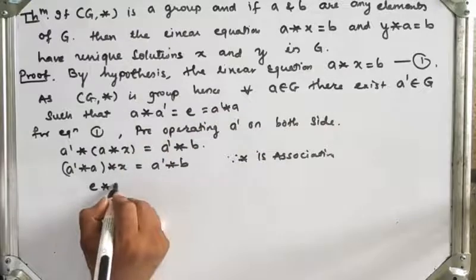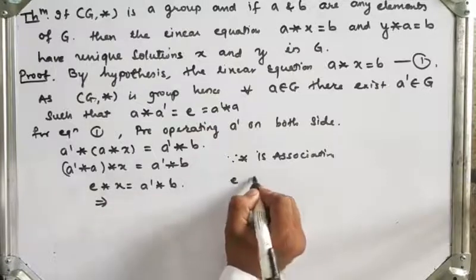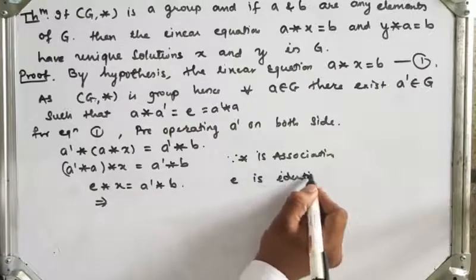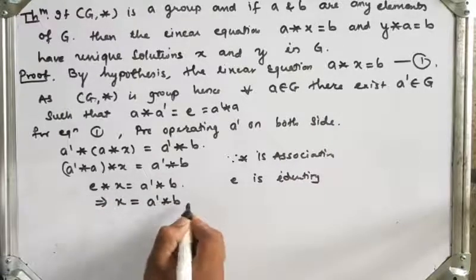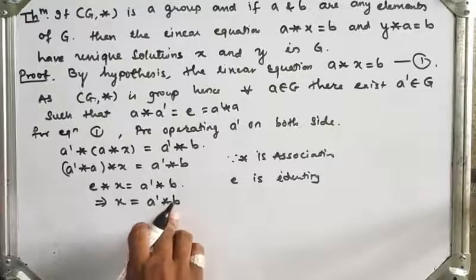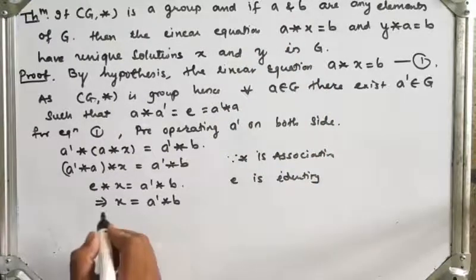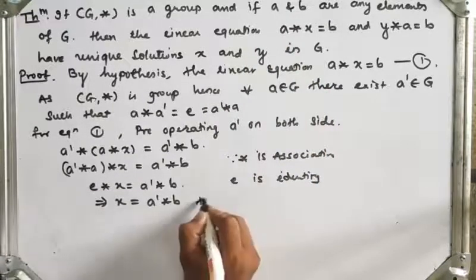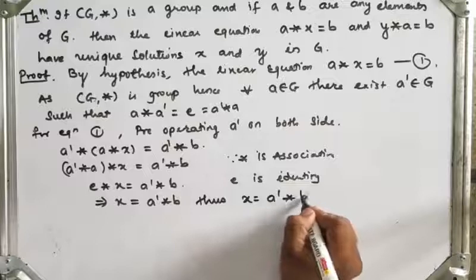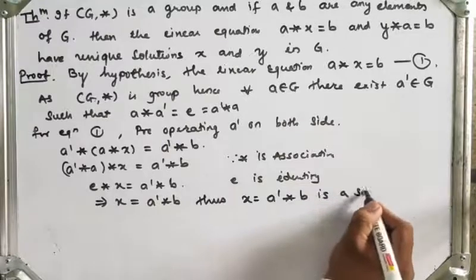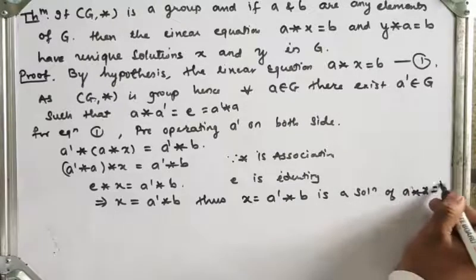So E star X is equal to A dash star B. As E is identity, E star X is X. So X is equal to A dash star B, which is a solution of the equation A star X is equal to B. Thus X is equal to A dash star B is a solution of A star X is equal to B.